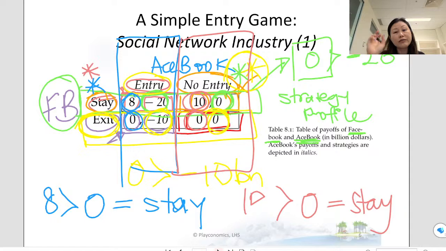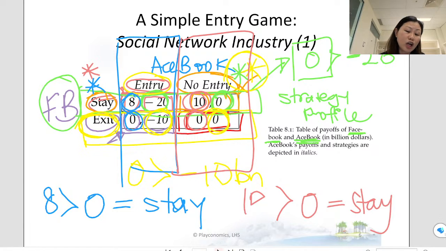Each one of those 4 quadrants represents a strategy profile. Facebook is considering entering the market for social media, and Facebook is considering exiting the market for social media.